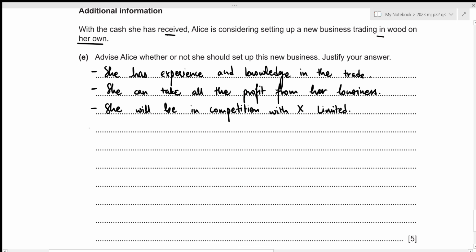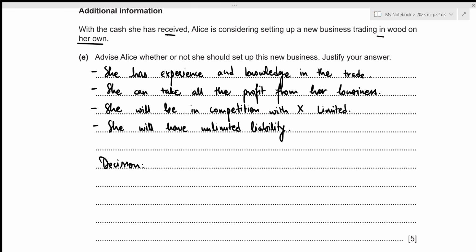And since she will now be operating as a sole trader, she will have unlimited liability. Now, based on these factors, we need to advise Alice whether or not she should set up this new business. So personally, I would suggest that Alice should set up this new business because she already has knowledge and experience, and she also has the time to run her own business now because she has already retired from the partnership.